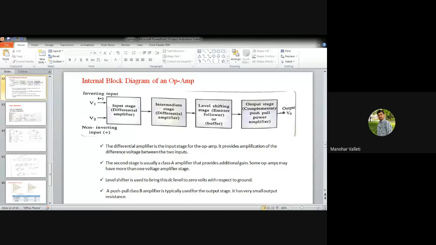Anybody have any doubts? Moving on to the block diagram of operational amplifier.